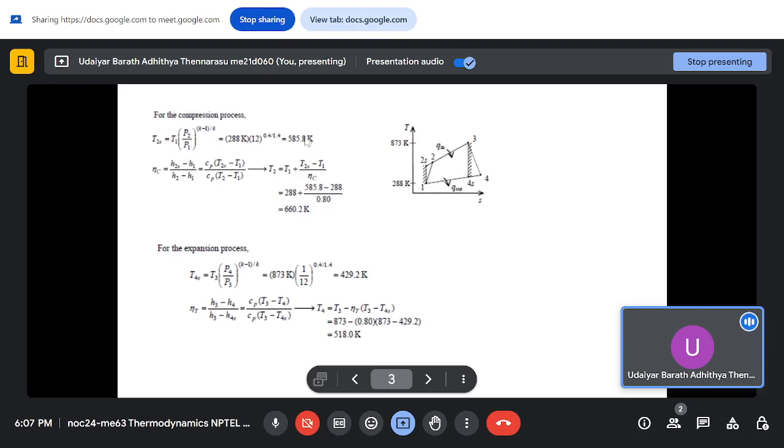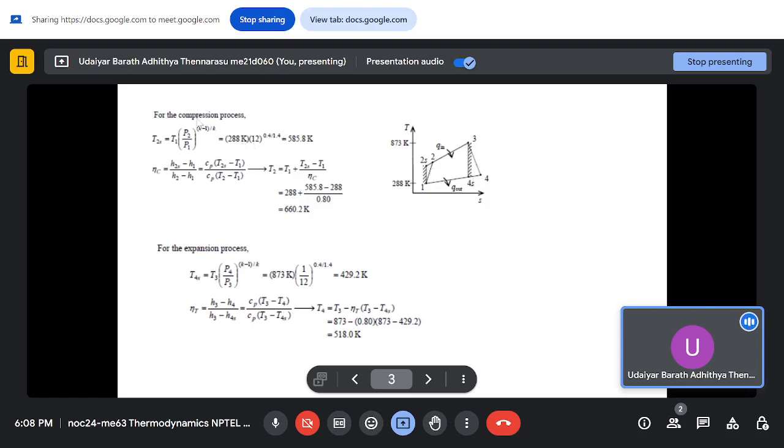For the compression process, we'll first estimate the temperatures at each of the points. So 1 to 2s we'll find. For an isentropic process, we can write T2 by T1 equals P2 by P1 raised to the power gamma minus 1 by gamma. For air, your gamma value is 1.4. From there we can find T2s, your isentropic temperature after compression.